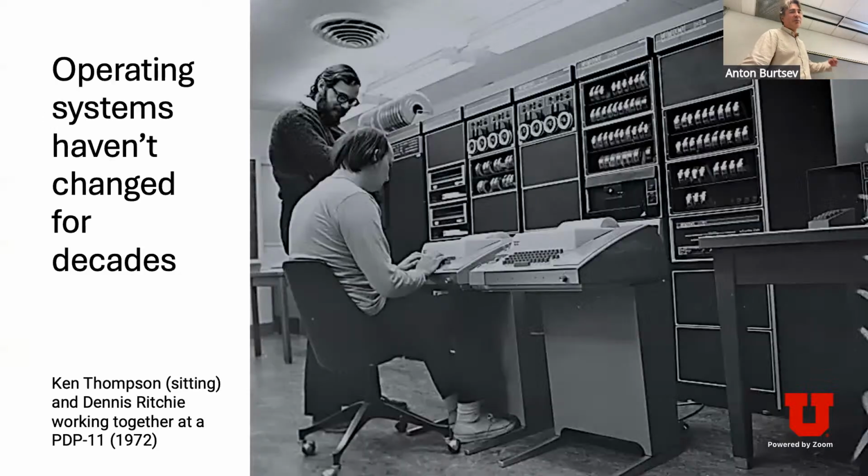A high level observation, which I keep making in all these classes, is that if you look at this figure, those two guys, Ken Thompson and Dennis Ritchie, invented Unix, roughly speaking. They were coding in 1972. We don't even have screens, just terminals, right? And that system which they created, which we studied as x86 in our undergraduate class, is the system which we're still running today.